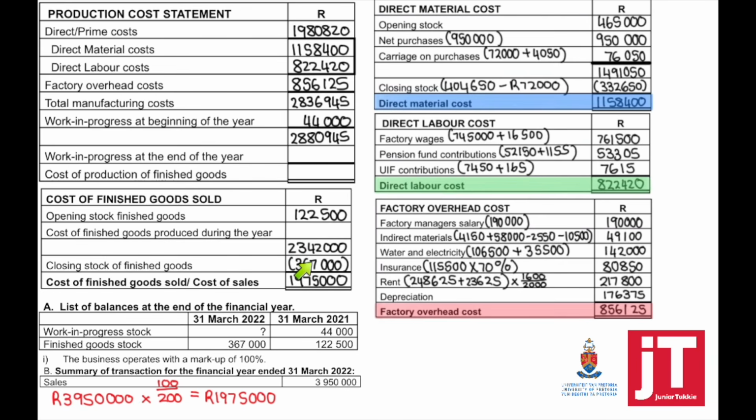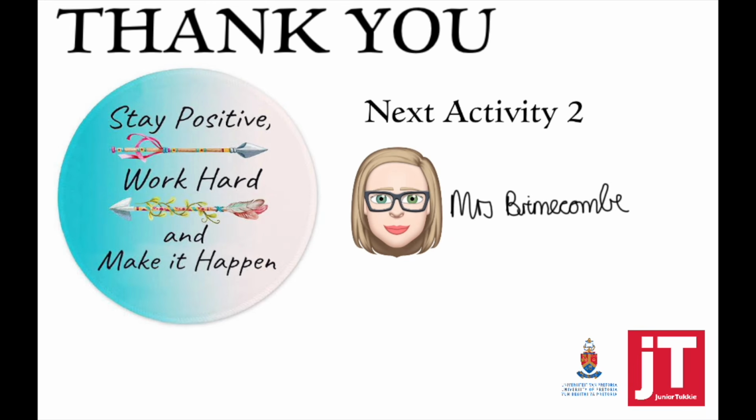Take the cost of sales plus closing stock equals. Now we can calculate the cost of finished goods produced during the year. So the difference, that total, must go to my production cost statement. Once we've calculated that, we can calculate the work in progress at the end of the year, the difference between those two. Thank you very much.